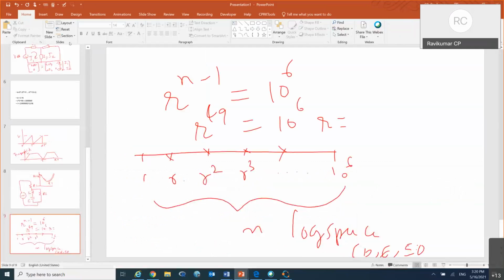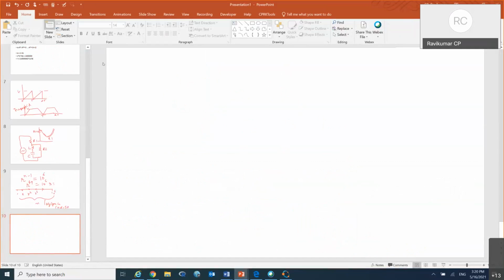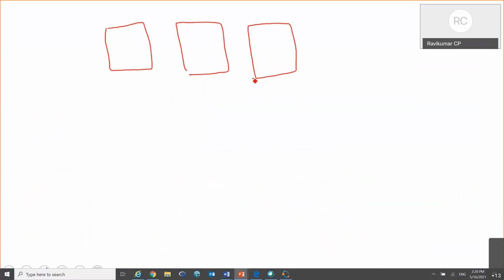Okay. So let me make it up here. Suppose I have 3 flip-flops. Assume that they're all D type flip-flops.